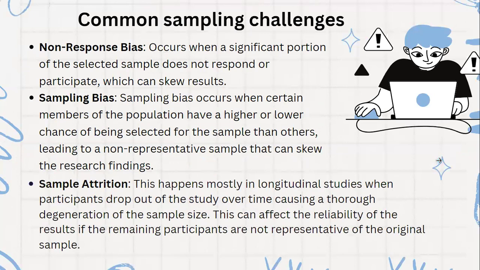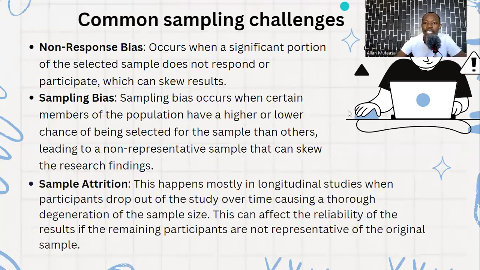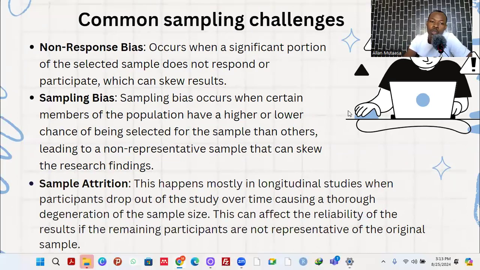I want us to look a little bit at the common challenges that are involved in sampling. One is what we call the non-response bias. You should be very aware that not everybody that you sample is going to actually give you results for your study. You can do your sampling so well, and then you have your sample, you even tell people that they have been chosen to be in this study.